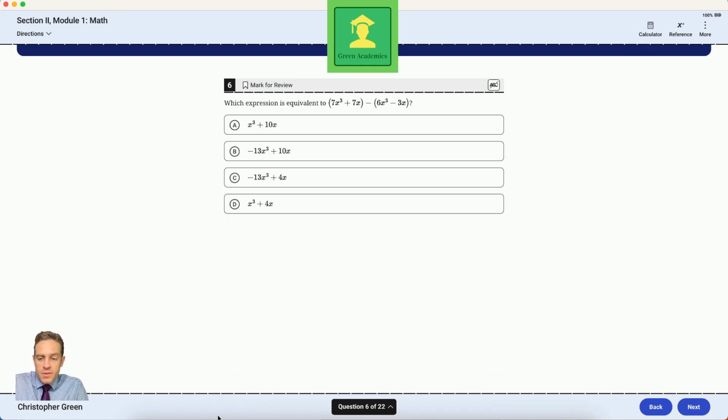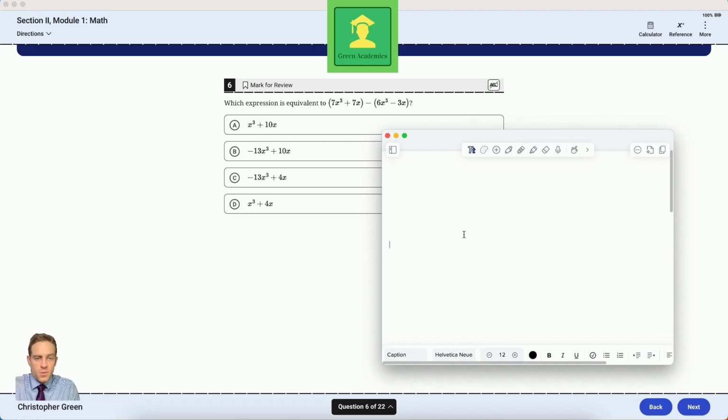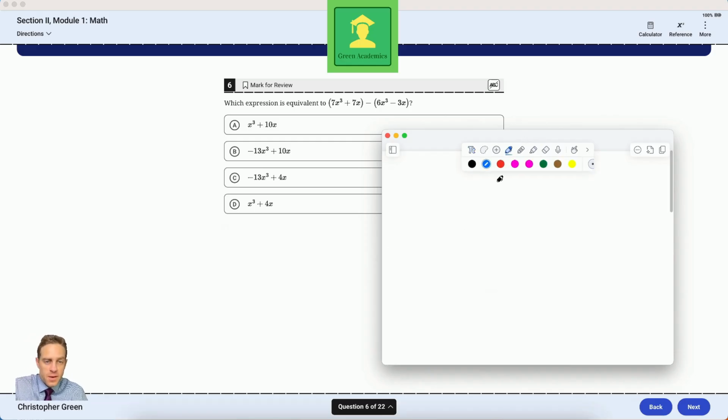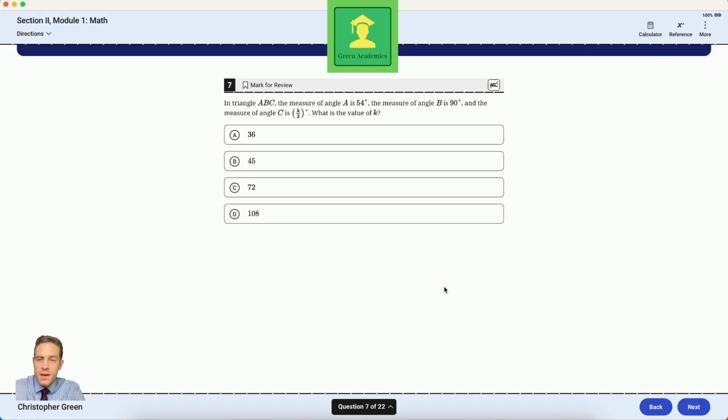Which expression is equivalent to? So you could write these out to be really, really careful if you wanted to, which is probably what I'd recommend. So make sure to distribute the minus sign, right? So 7x cubed plus 7x minus 6x cubed, and that becomes plus 3x is single x cubed plus 10x. Triangle ABC, the measure of angle A is 54.